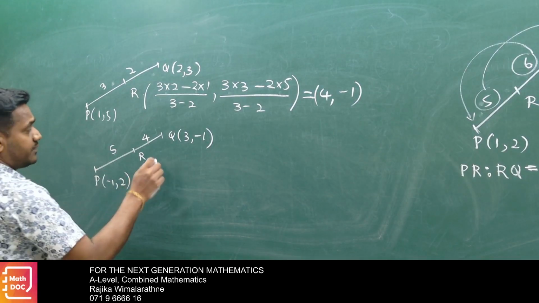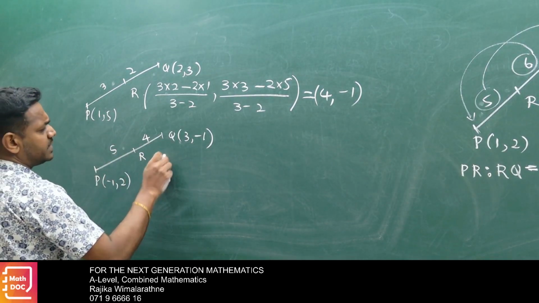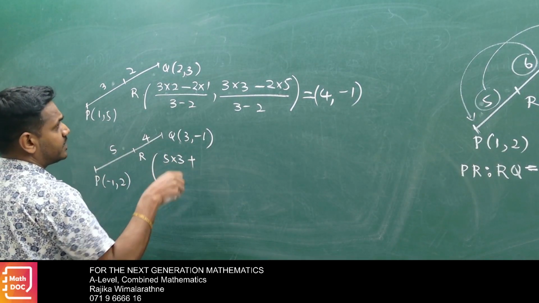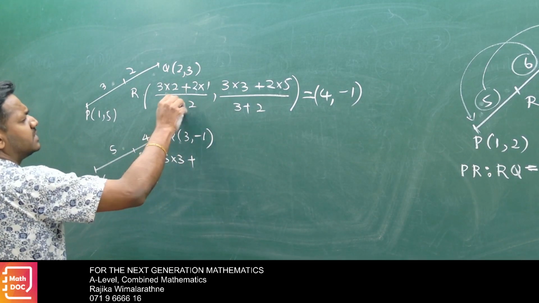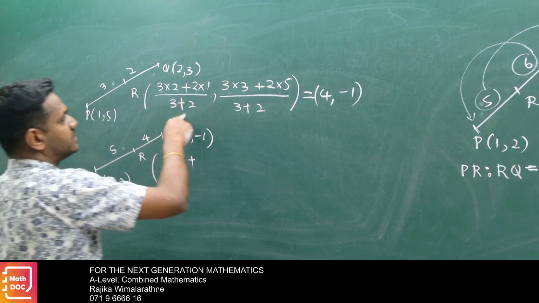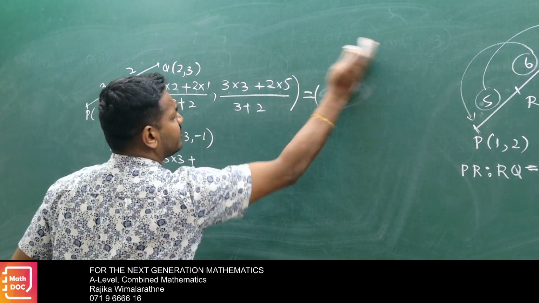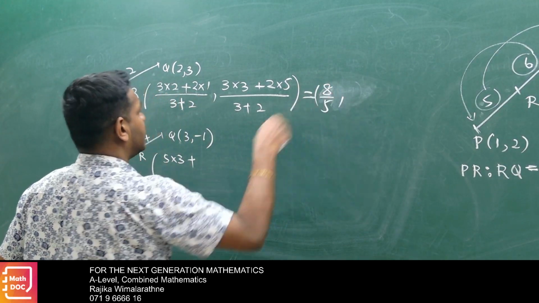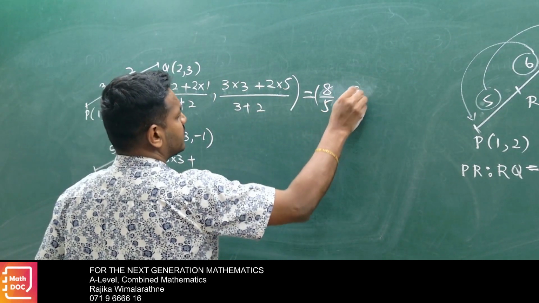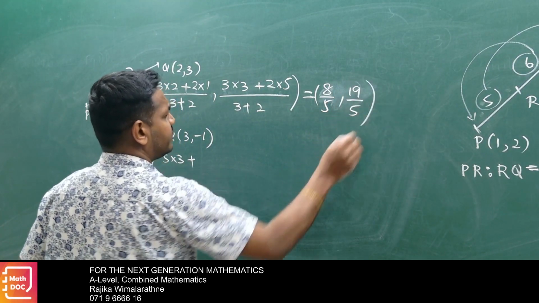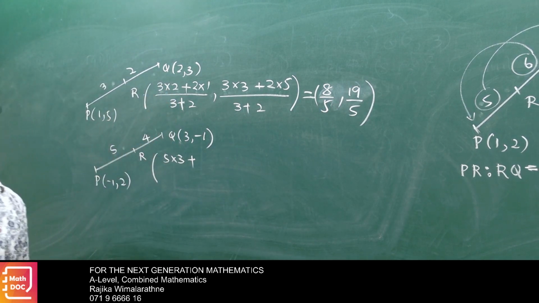Then here R, 5 times 3. Here not minus, no? Plus. 8 over 5. 19 over 5, no? 19 over 5.